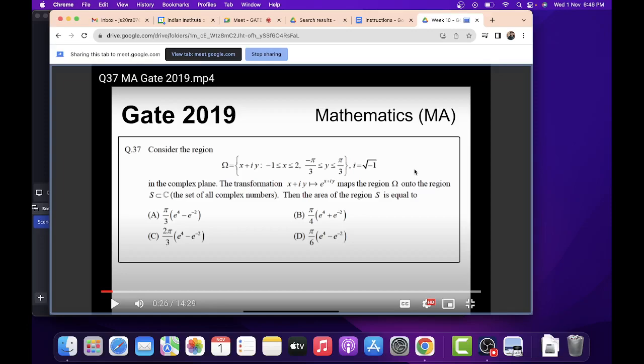You can draw the explicit image. What will be the explicit image of omega under the e to the power z map?